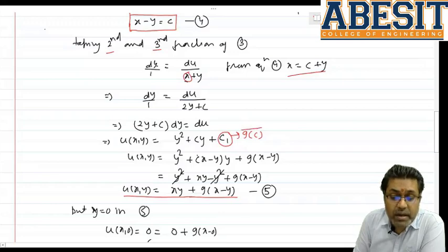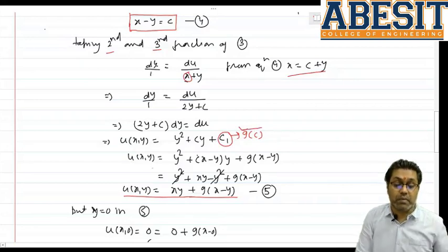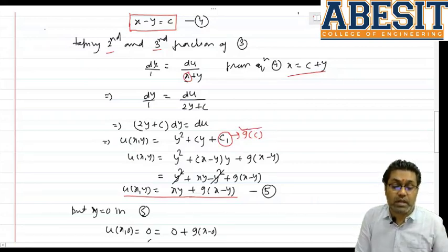So rather than c1, we write g(c). You have to remember it. So our solution becomes u(x, y) is equal to y square plus (x minus y) into y plus g(x minus y).